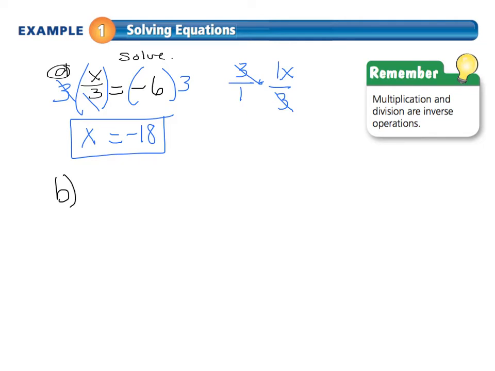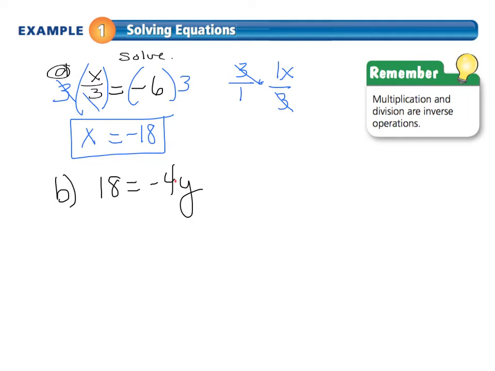Let's do B. 18 equals negative 4y. I want to know negative 4 times what number gives me 18. So this is multiplication. There is a times between the negative 4 and the y. I have to undo that.